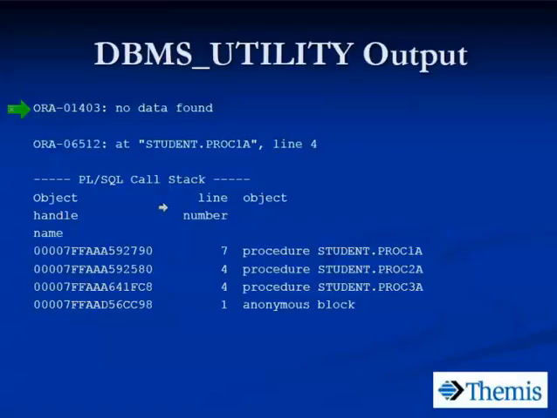All you get is the Oracle error number and the no data found. Again, that's just like running the SQLERRM function. I just get that. You can also run the SQLCODE function and get the error number, like a 1403 or 100 or whatever corresponds to that. Okay, so that's the first one. That's what the format error stack gives you.